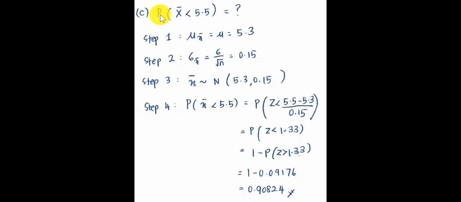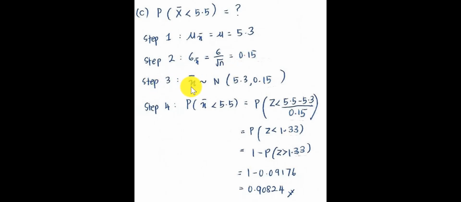So you must calculate the probability when your mean average of the box is less than 5.5. In step 1, you already calculated from question B: 5.3. In step 2, you already calculated from question B: 0.15.